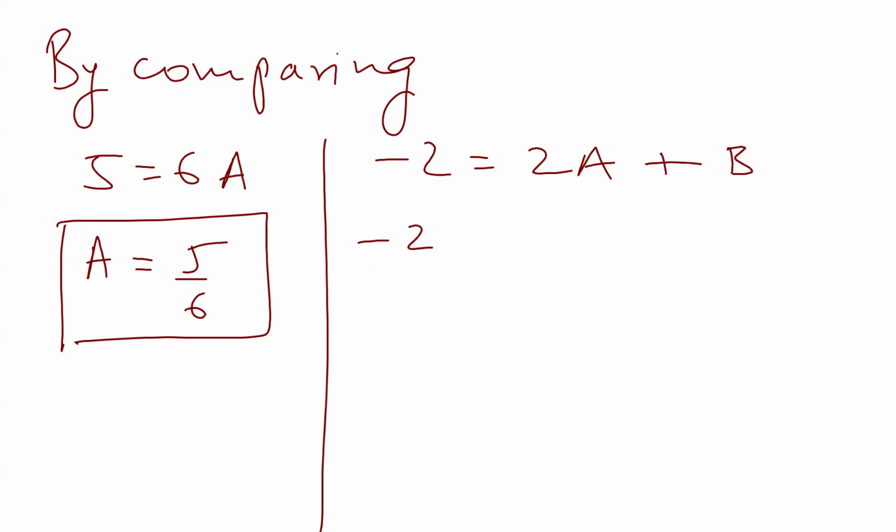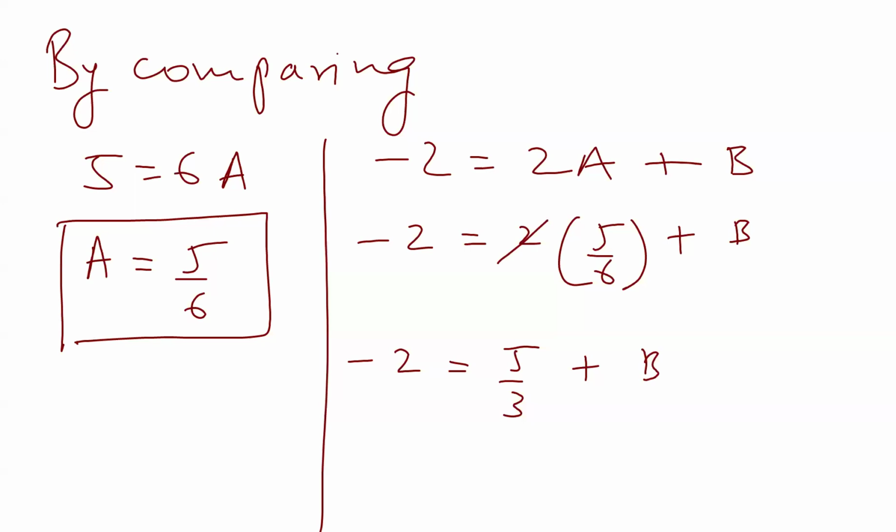So minus 2 is equal to 2 into 5 by 6 plus b. The value of a is 5 by 6, so we'll make use of that. Minus 2 is equal to 5 by 3 plus b.